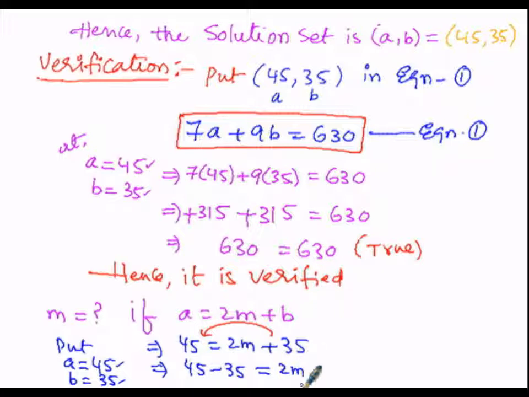That implies 2m, which is on the right hand side, by shuffling LHS and RHS at a time, LHS over to RHS and RHS over to LHS, 2m on the left hand side equals, by simplifying further here, 35 is negative and 45 is positive.